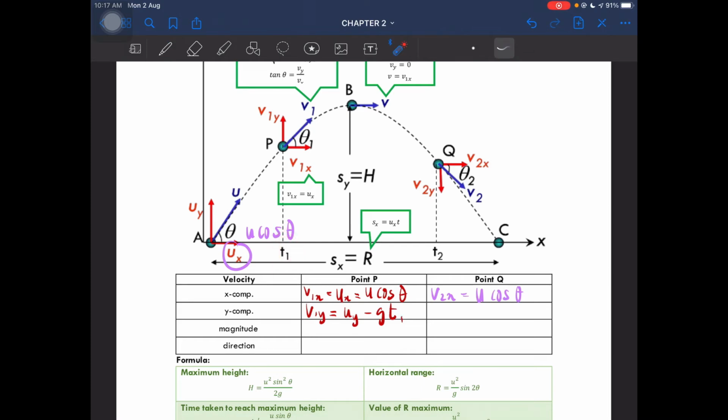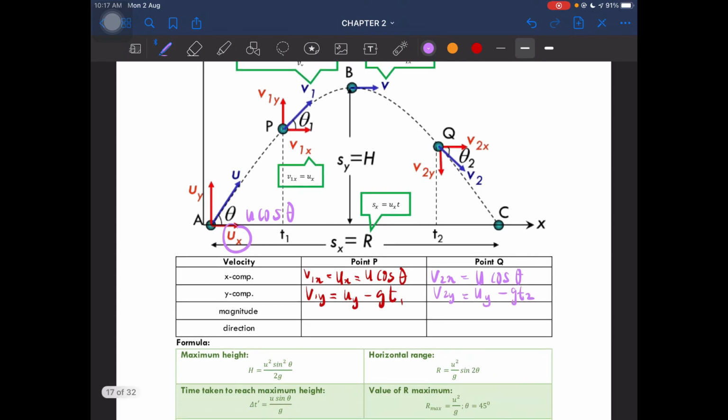So we can find the y component for this point using this formula. The same goes for point Q. v2y is also equal to uy minus g t2.